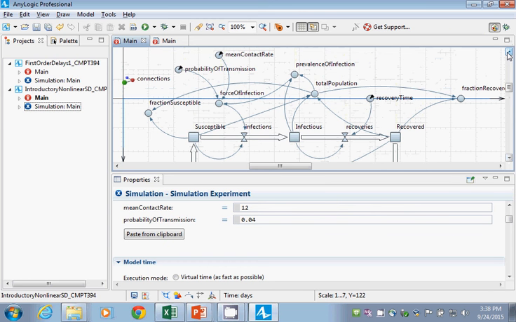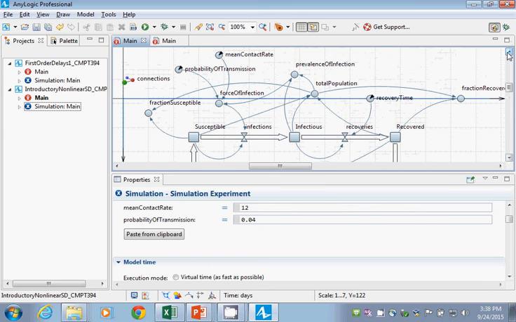And for brevity, and for your problem set, I will call the probability of transmission by a Greek letter. And what will that letter be? Beta. This is going to be probability of transmission.